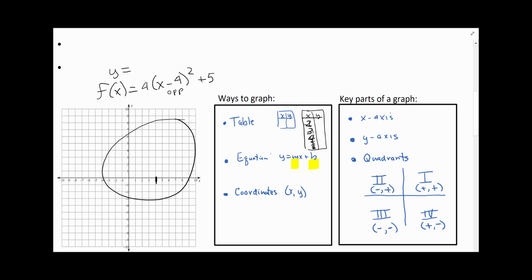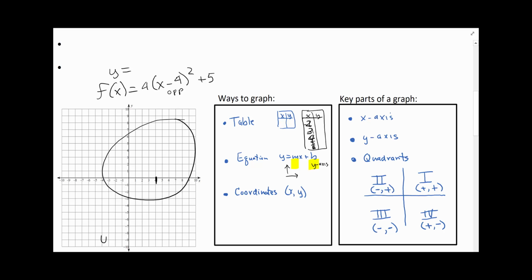Then remember, if you've got an equation and you have it in slope-intercept form, b is where it touches the y-axis, and m is the slope, how far you go up and how far you go over.